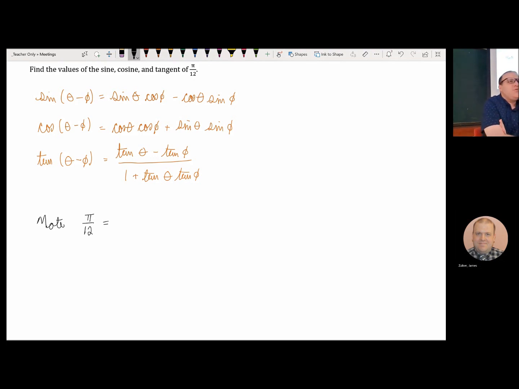So the idea is to write the angle, in this case I gave it away, because I'm doing the difference identities, as a difference of known angles. Isn't it 4 pi minus 3 pi?